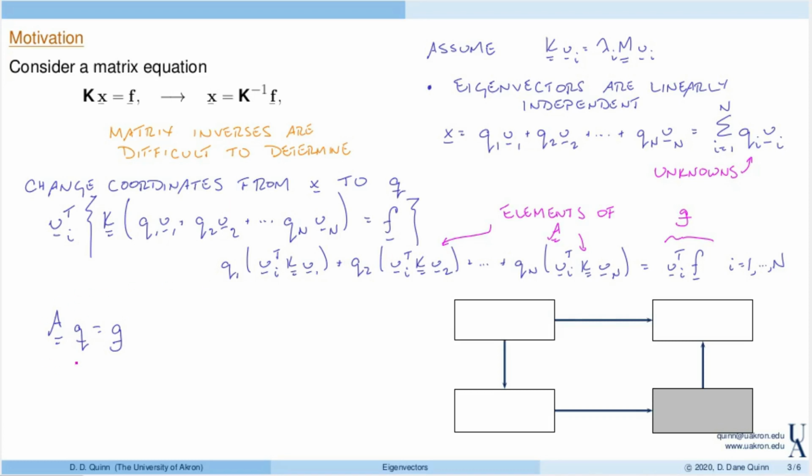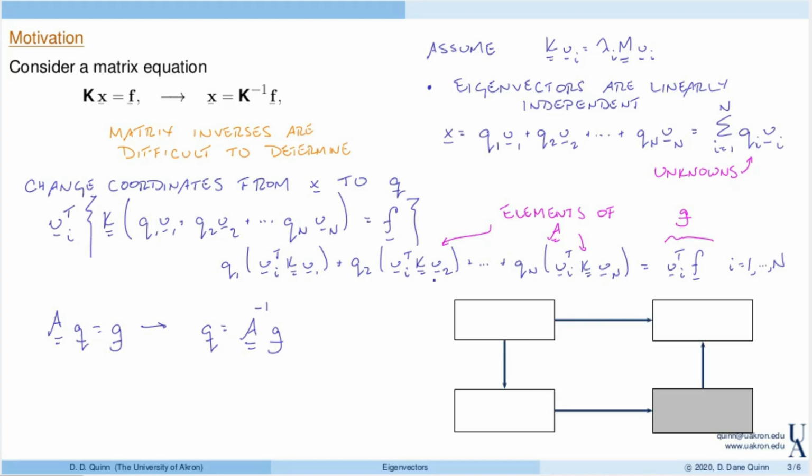So again, we can figure out an appropriate matrix times q1 all the way to qn equals g. And so we can solve this just like we did formally before: A inverse times g.